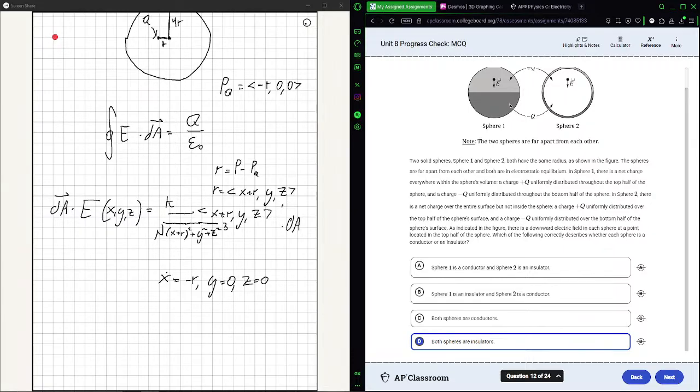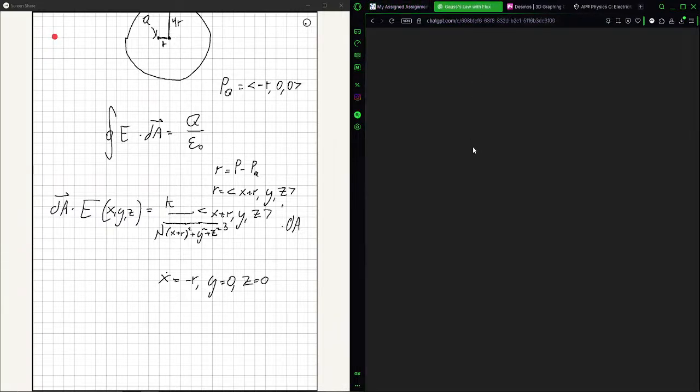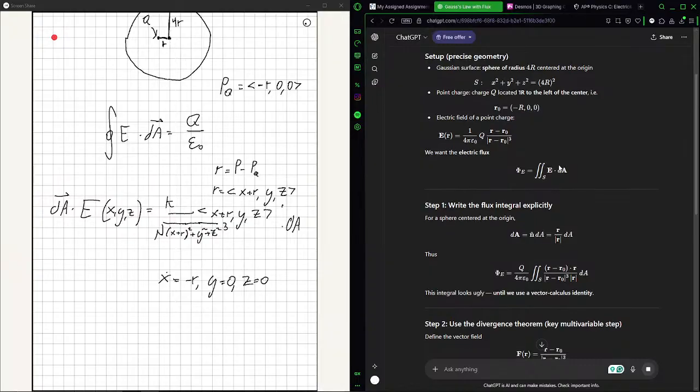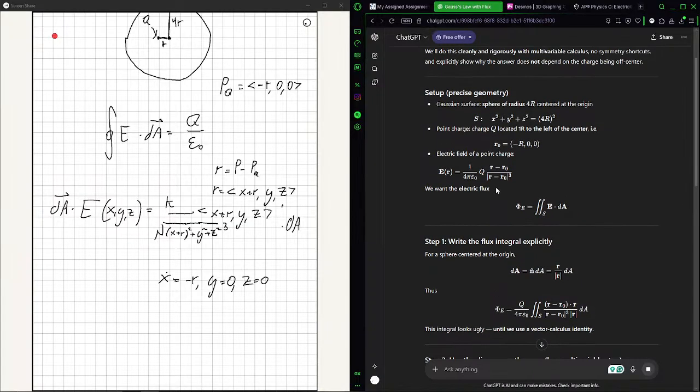Let's see what GPT has to say for me. I think this is the same setup I did. R minus R0, yeah.